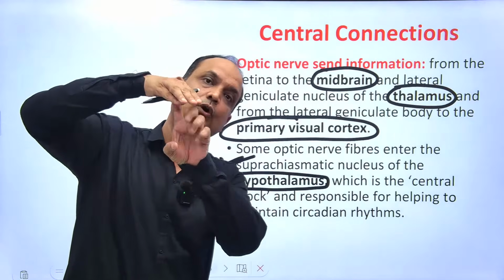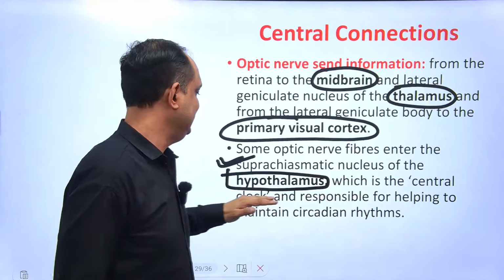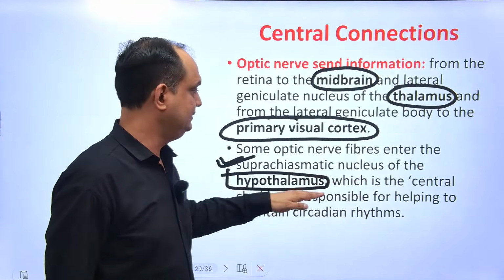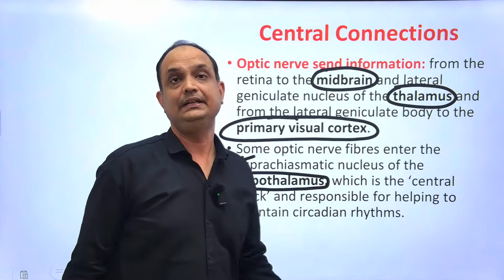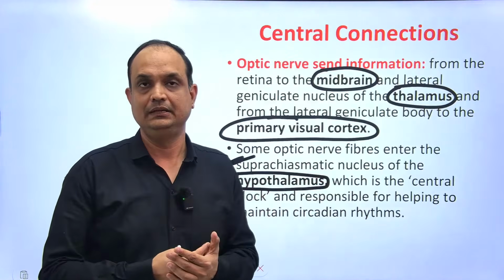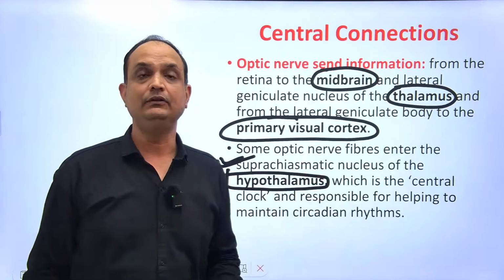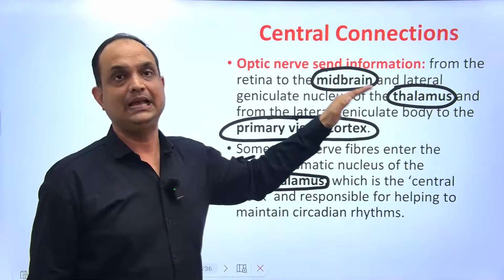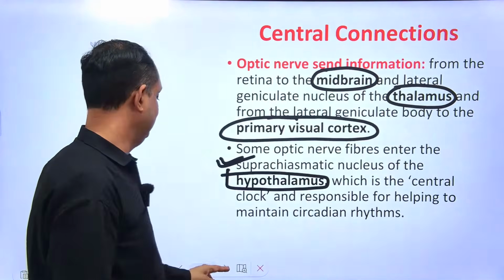Some fibers will go into this suprachiasmatic nucleus, which is the central clock, and it is responsible for maintaining the biological circadian rhythm and helps regulate it with light. Clear? So this is the central connection of your optic nerve. It is connected with the midbrain, thalamus, cortex, and also with the hypothalamus.